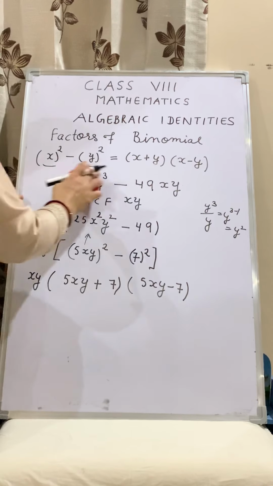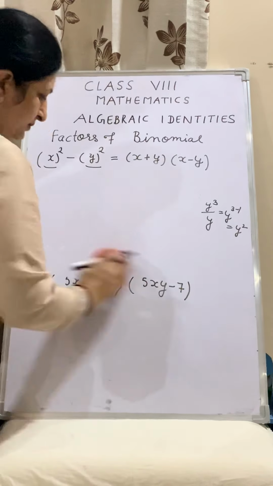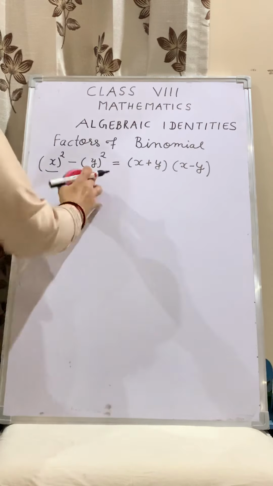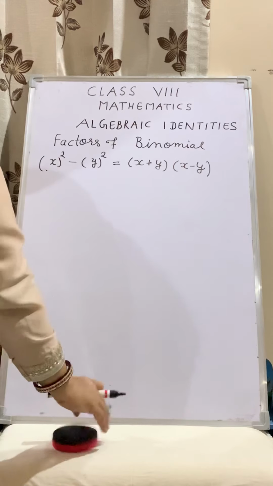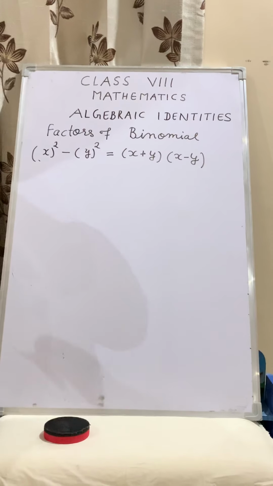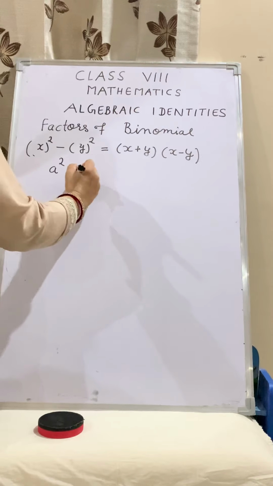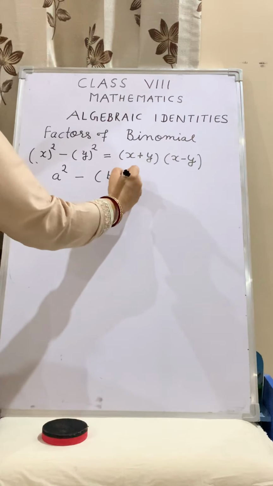Next example. a square minus (b minus c) whole square.